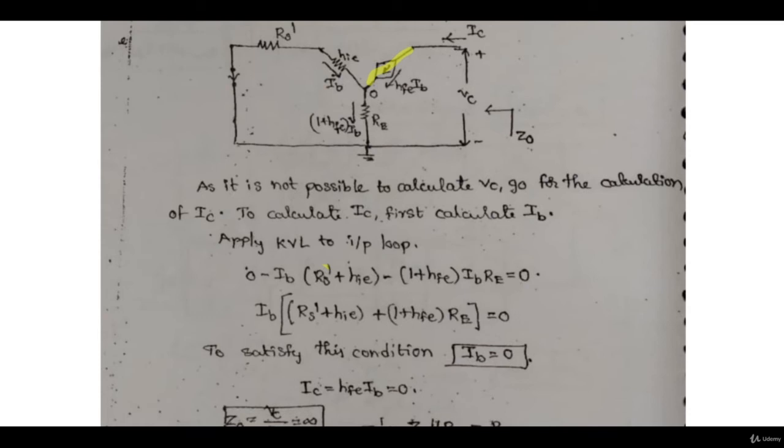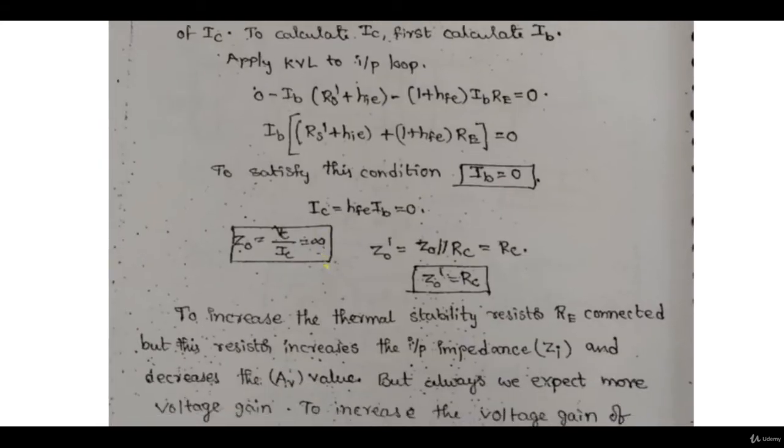So it won't affect the Z0 as well. Z0 dash you take with the load along with Z0, which is Z0 parallel RC, that will give you RC only, because Z0 is infinite, so Z0 dash is RC.